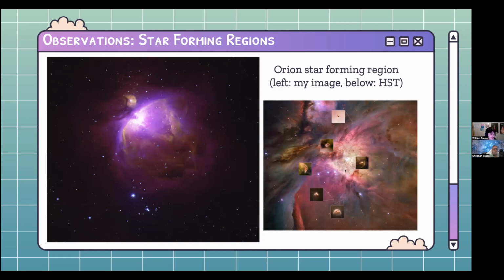So there's a way in which, and this is one of the complexities that still needs more observations and more theory to understand, where your star forms within a giant molecular cloud, whether it's nearby to more massive stars or not, could have an effect on the kinds of chemistry that you see within a protoplanetary disk, the amount of the disk that you have, and therefore the amount of planets you're able to form.